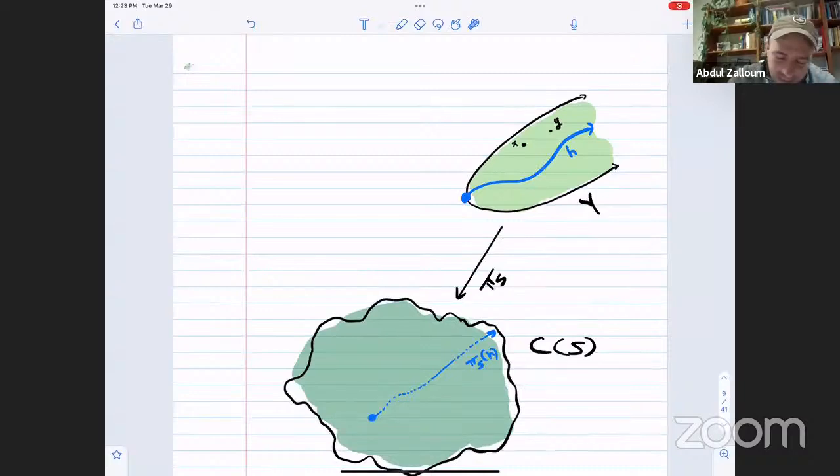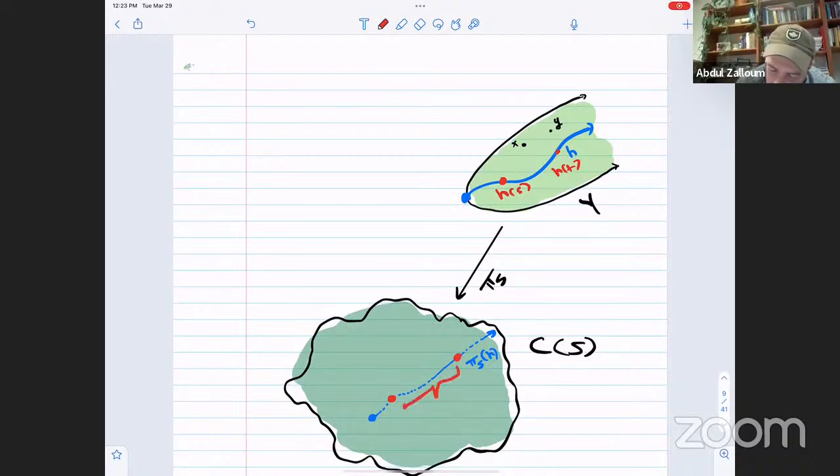What the statement is saying is the following. If you have 2 points here, H of S perhaps and H of T, and you look at the projection in the top level curve graph, the projection of H of S and the projection of H of T, here are the corresponding projections.